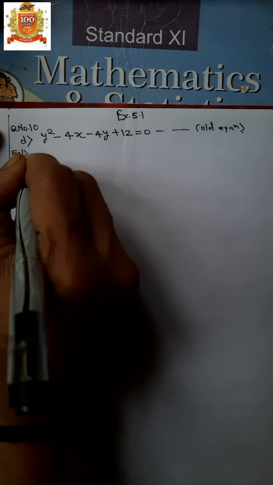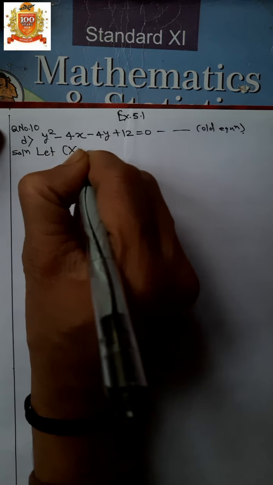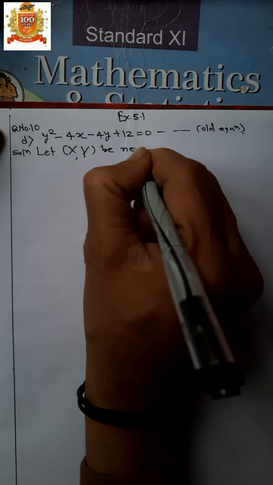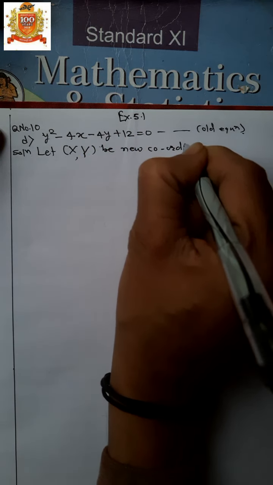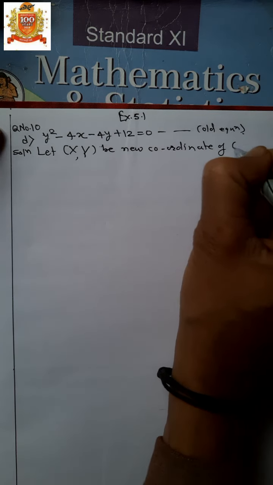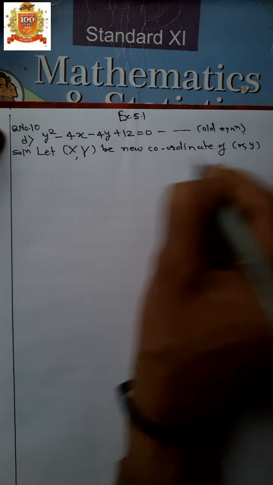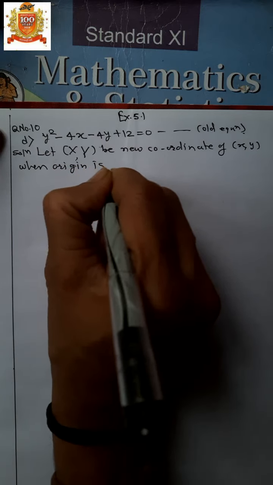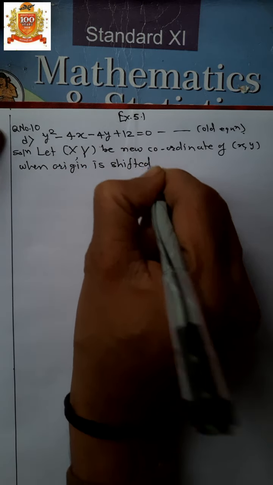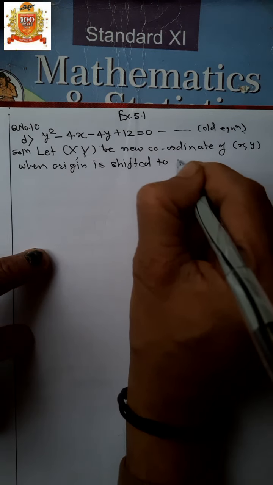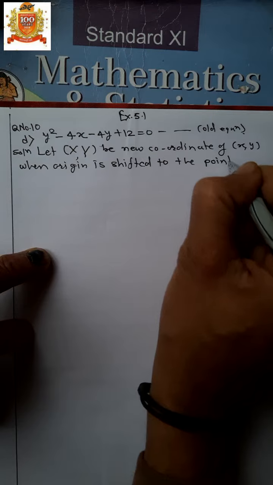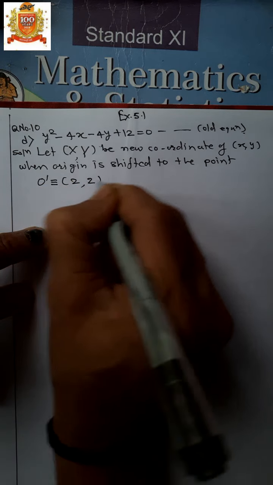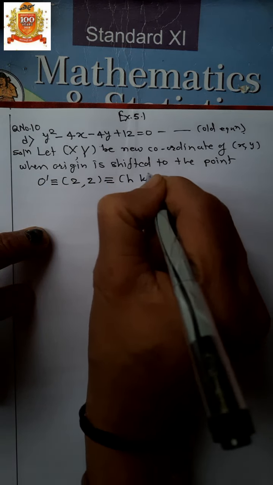Solution. Let capital X, capital Y be the new coordinate of small x, y when the origin is shifted to the point O dash, which is equivalent to 2, 2, that is h, k.